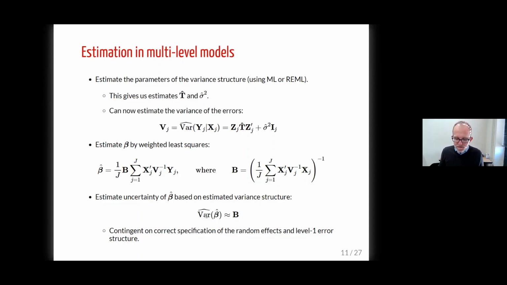But this method of estimating the variance of Betahat is contingent on correct specification of the random effects and the level 1 error structure. And I would argue there's a lot of situations where we should be suspicious that we've got the correct model, or at least I would be anxious or worried that I haven't got the model right.